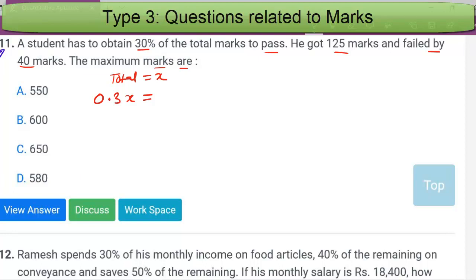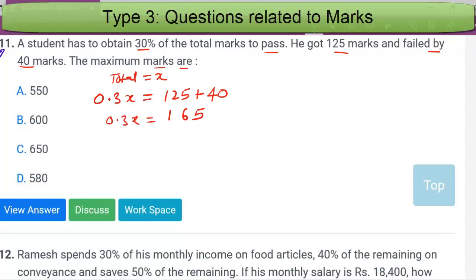Okay, and he got 125 marks and failed by 40 marks. So that means if he gets 40 marks more, 125 plus 40, then he would have passed this exam. So this is a simple equation that you have to make. So we can write 165 is equal to 0.3x.